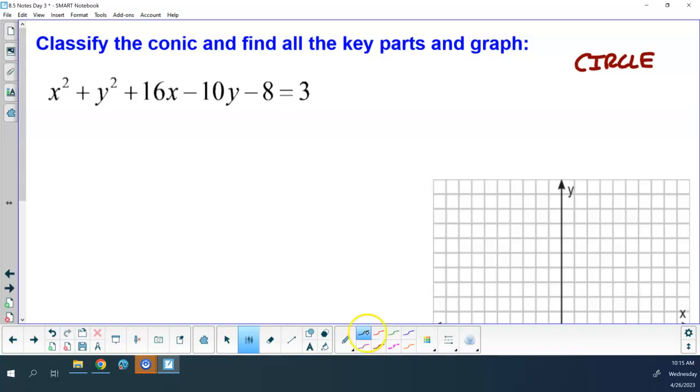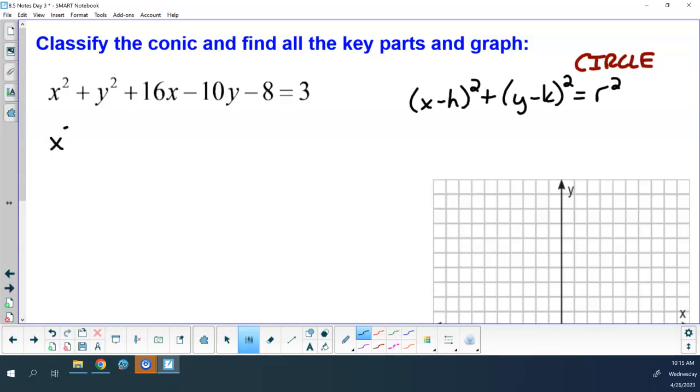So we need it in that form. First thing you're going to do is group it and space it out and reshuffle it, make it look nice and pretty. Okay?